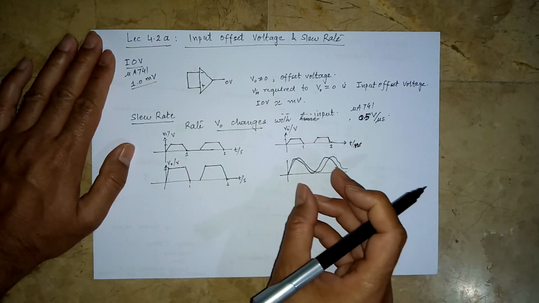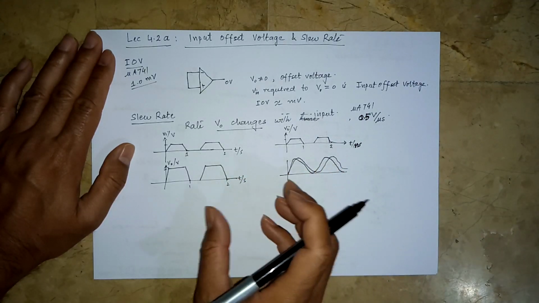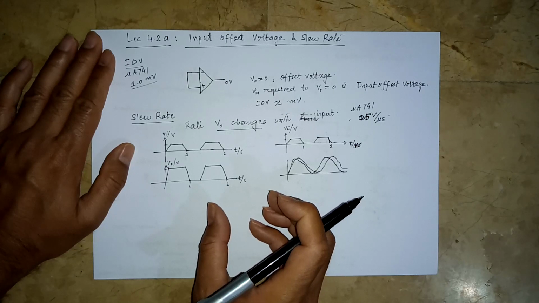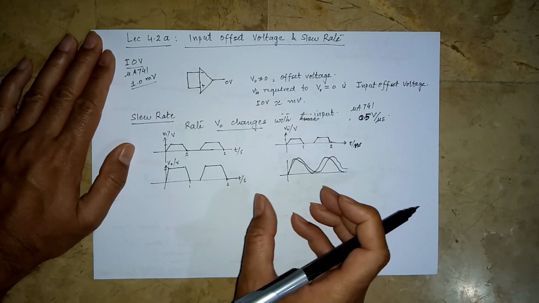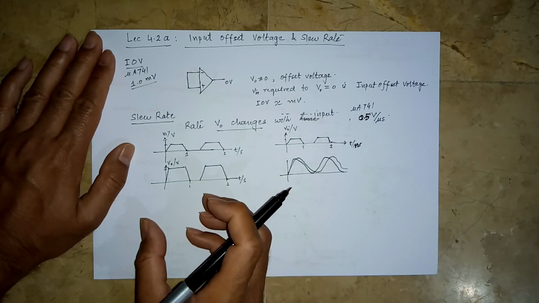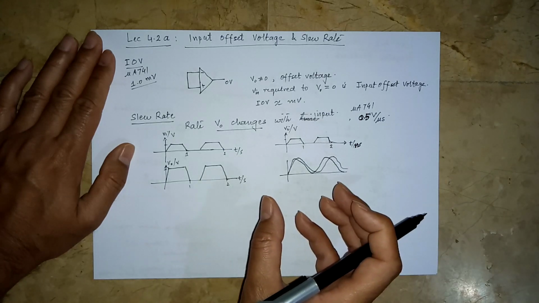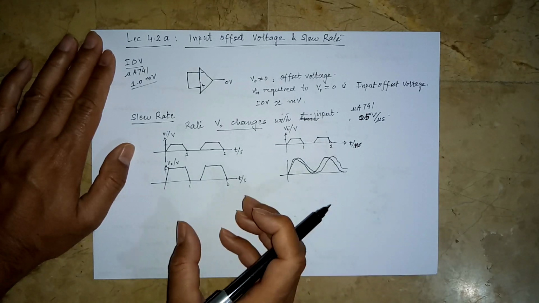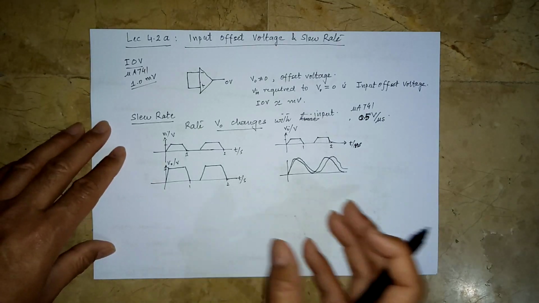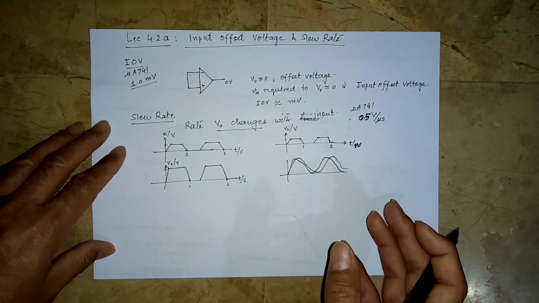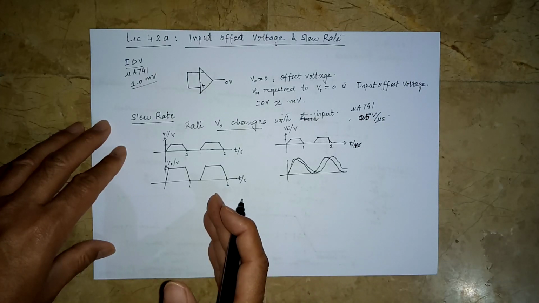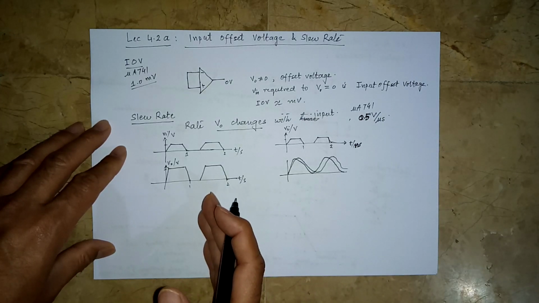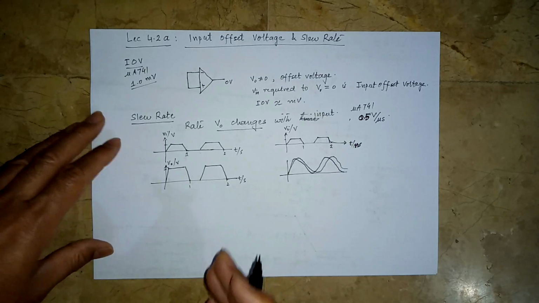With slew rate, we can know the frequency or the rate at which the output can still reasonably follow the input, or how accurately the output can look like the input if the input varies with time. This is slew rate.